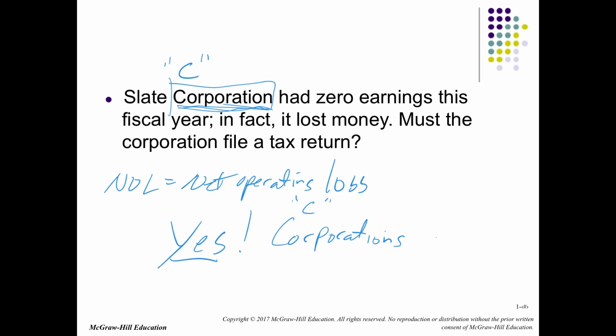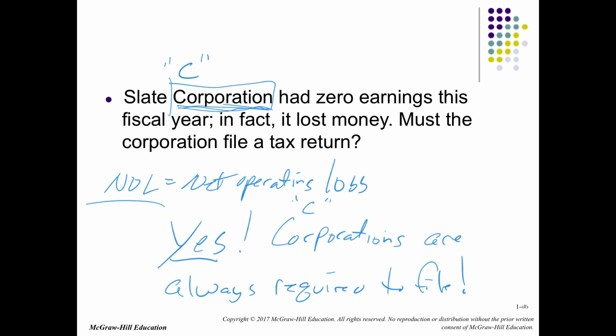C corporations are always required to file every year, whether they make $1, $1 million, $100 million, or whether they have a huge net operating loss. Either way, they always have to file a tax return.